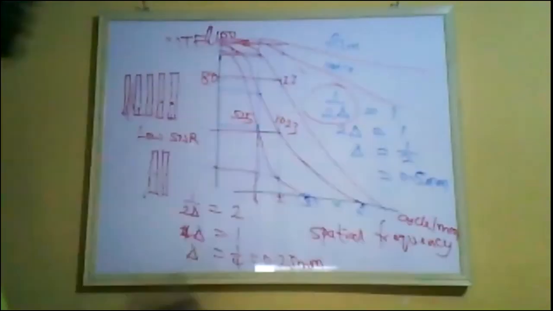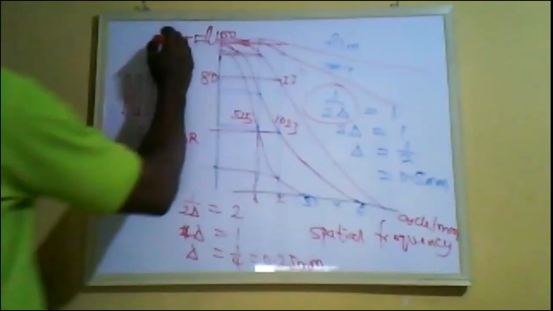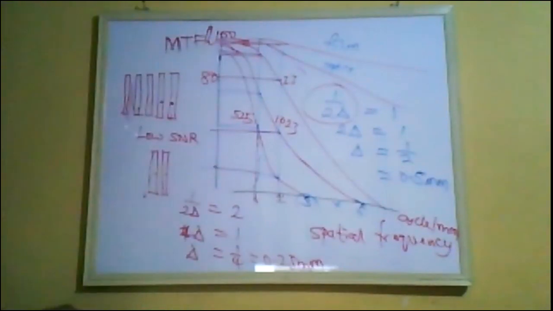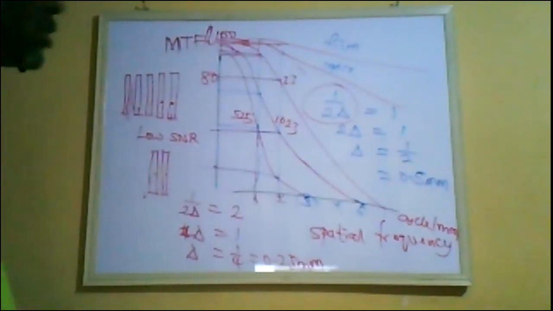Sir, this graph on the board, I don't know if you can shed light on it before we call it a day, sir. Okay, no problem. This is the graph of modulation transfer function against spatial frequency.